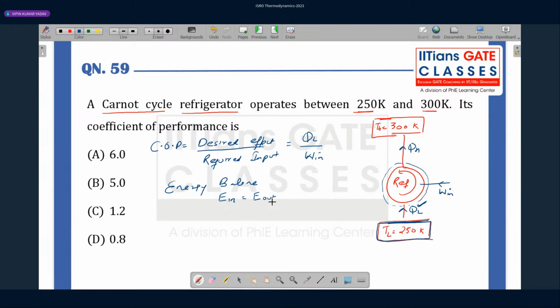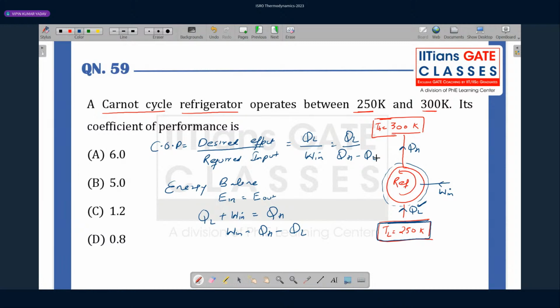What is going in? QL is going in plus W in. What is going out? QH is going out. So what is work input? QH minus QL. So I can write COP as QL upon QH minus QL.